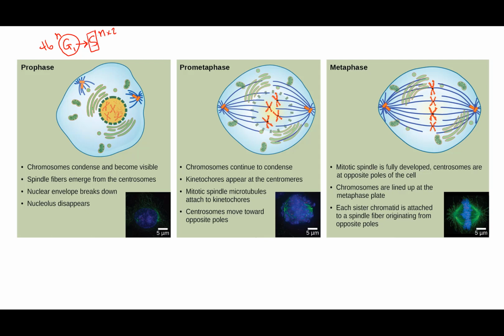Then at the end of that S phase, what we need to do is divide all of that DNA and multiply it basically, and then we will have 46 times 2, which is equal to 92 chromosomes, right? So at the end of S phase, we will have 92 chromosomes.